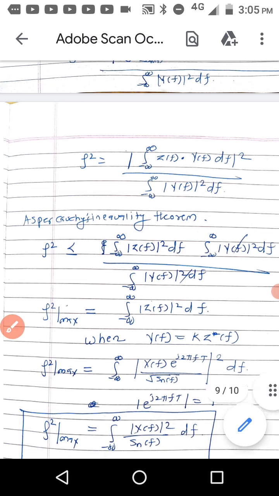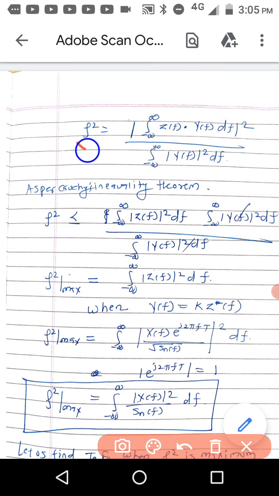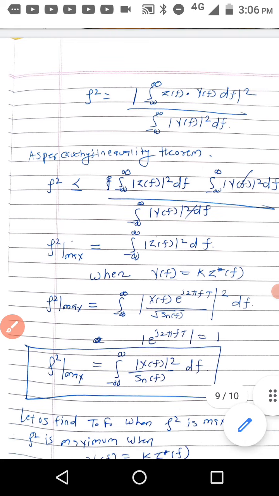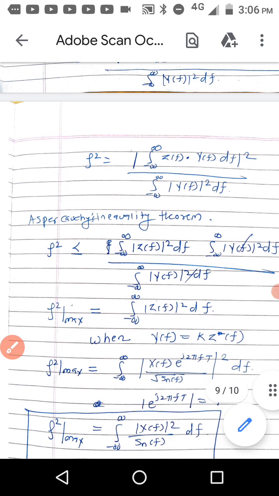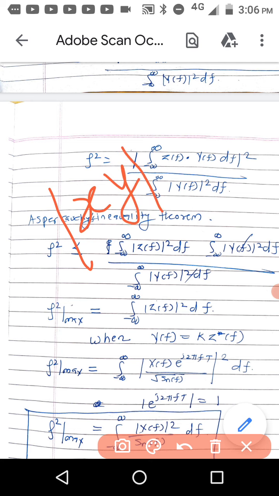That means you have separated the integration: mod Z(f) square and mod Y(f) square. So this gets cancelled. That means instead of this you are writing it as Z(f) square and mod Y(f) square. So what is Cauchy's inequality? Absolute xy is less than or equal to absolute of x into absolute of y. So the same is done here.